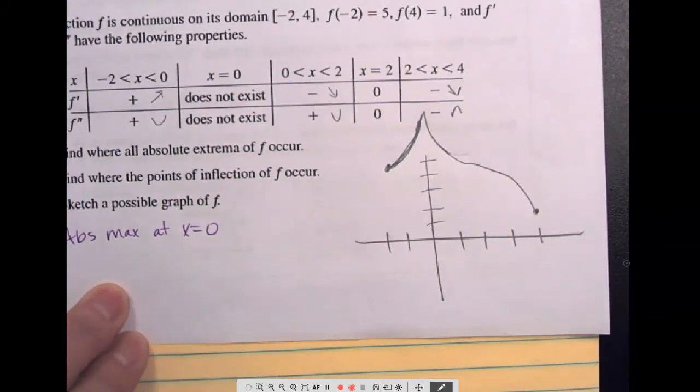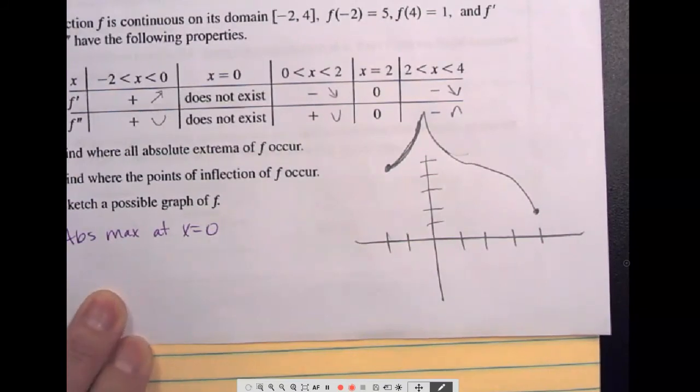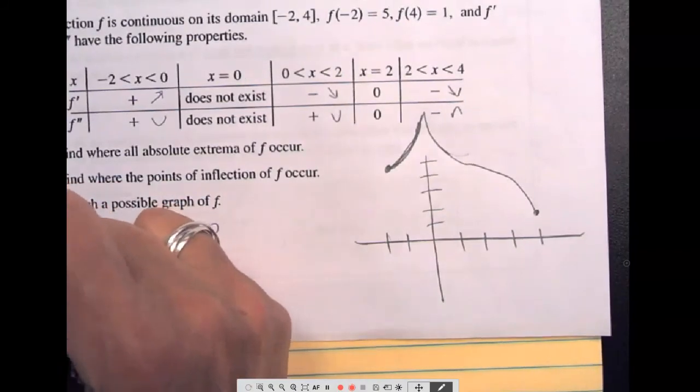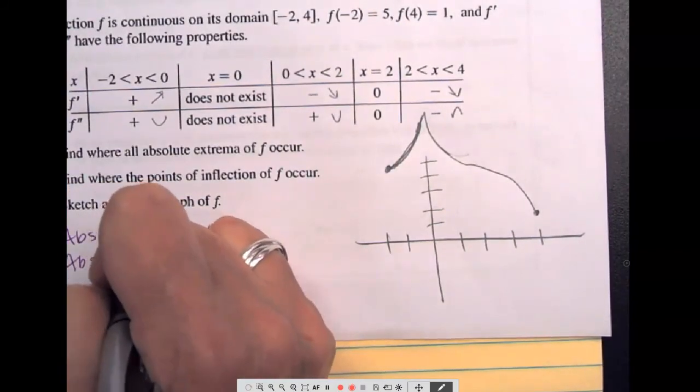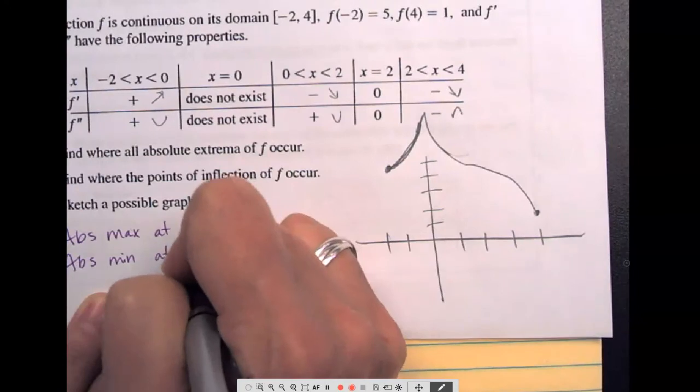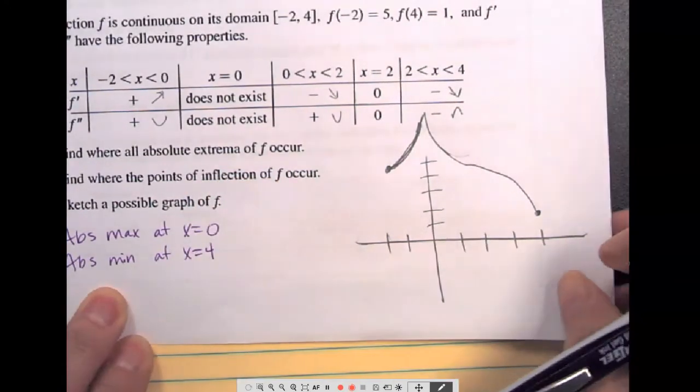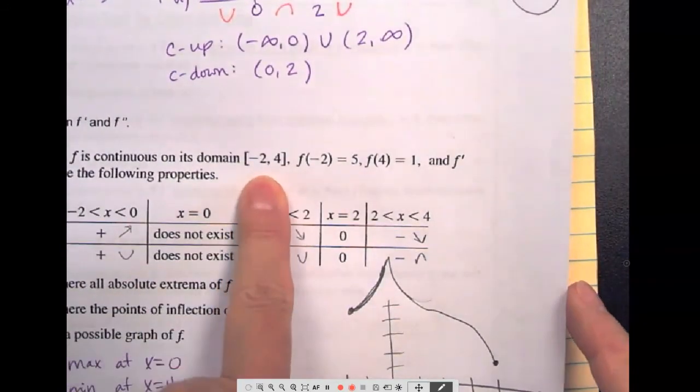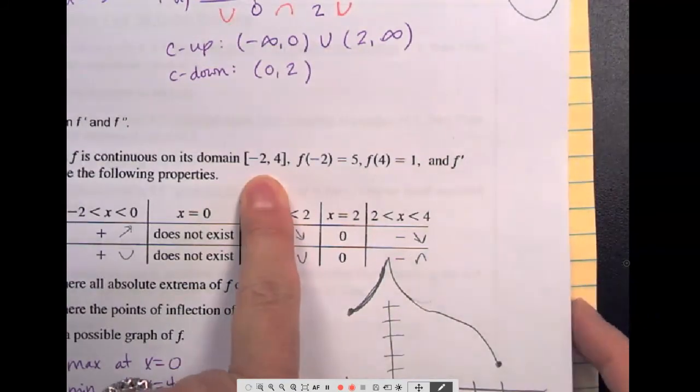Do I have an absolute min? Yeah, x equals 4. And I know that's an absolute min because remember the domain just went from -2 to 4.